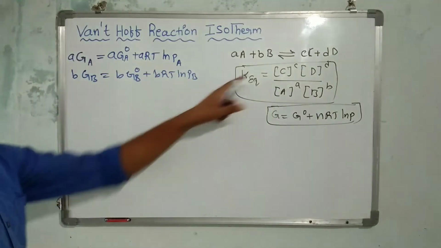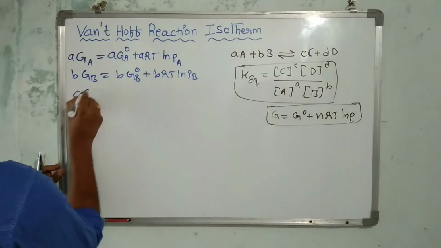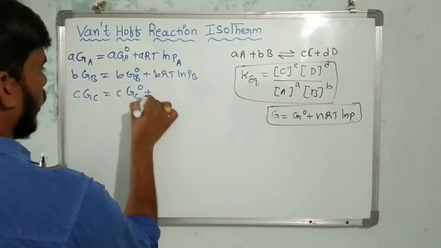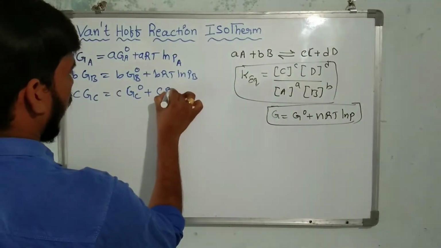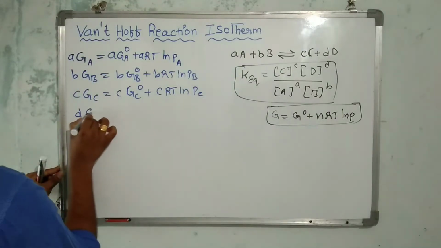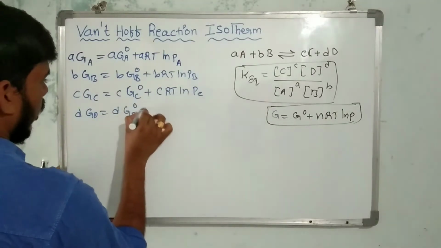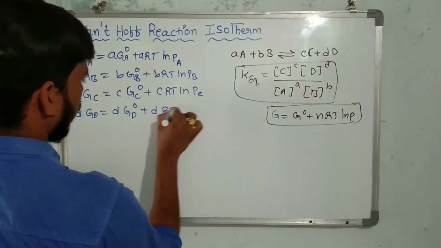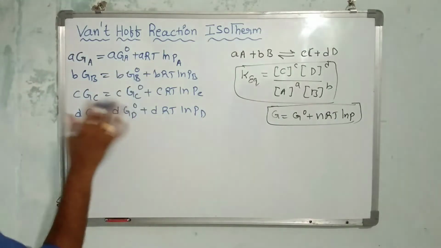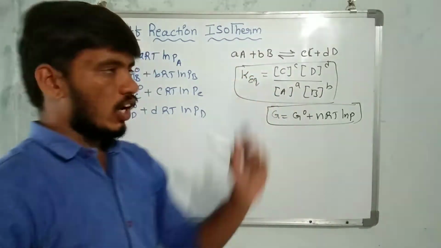This is the Gibbs free energy of C: G_C equals C times G_C naught plus C RT ln P_C, as well as D times G_D equal to D times G_D naught plus D RT ln P_D. These are the Gibbs free energies of the components A, B, C, and D.